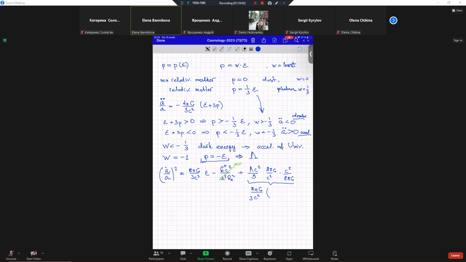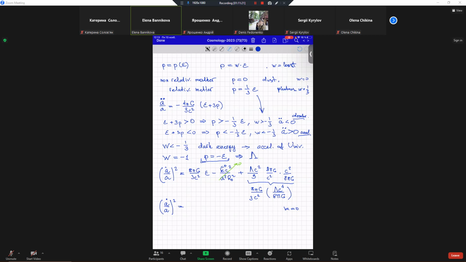Now I can write the Friedmann-Lemaitre equation in the form a point divided by a, squared, equal to... just to simplify, I can consider a flat space, k equals 0, because for me the curvature term is not important.